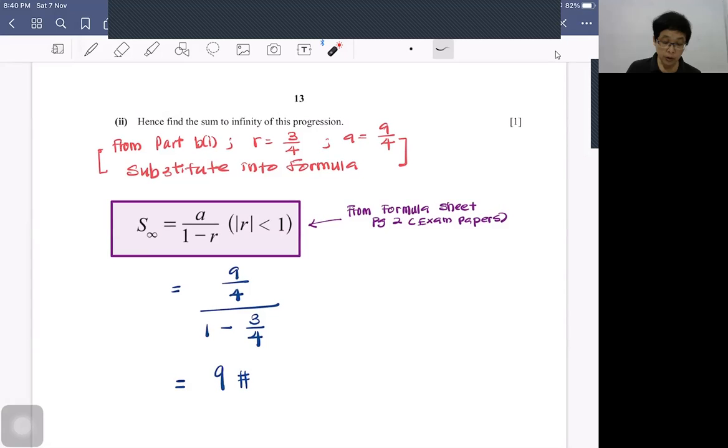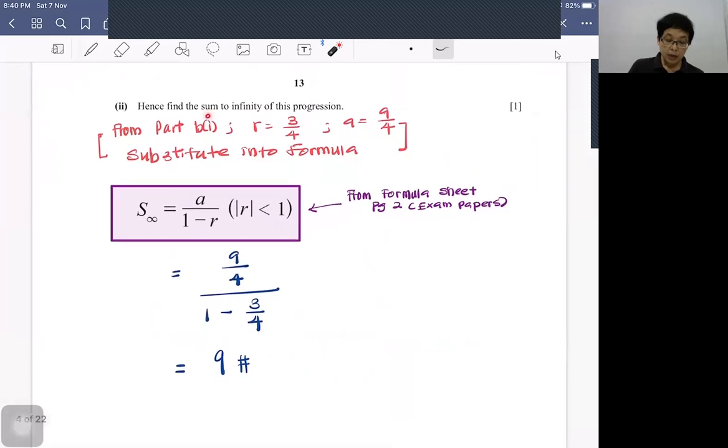So now we know that from part 1, we have already found r equals 3 over 4, a equals 9 over 4, and by the question asking for sum to infinity, you go to the formula sheet again and draw out the formula accordingly.